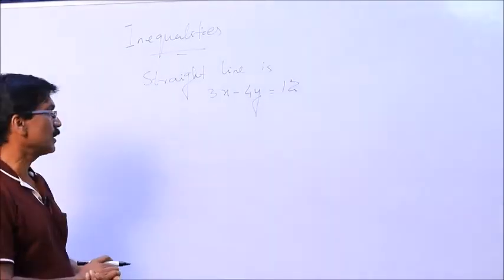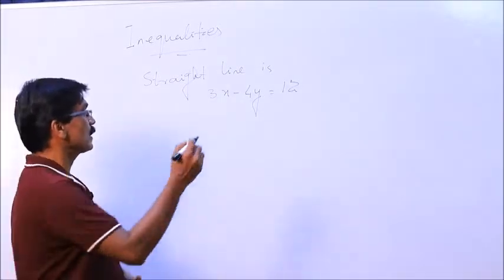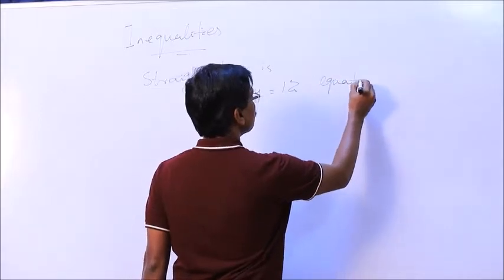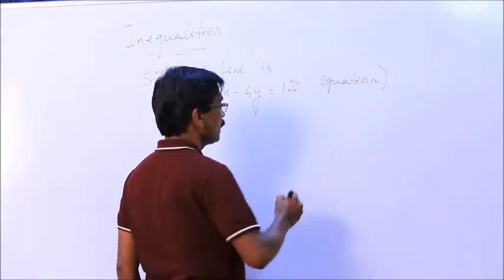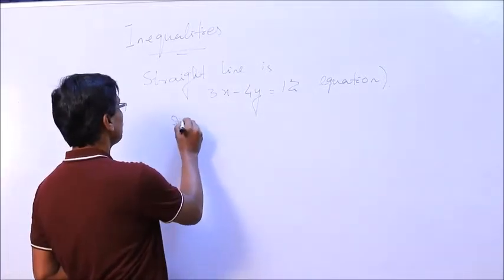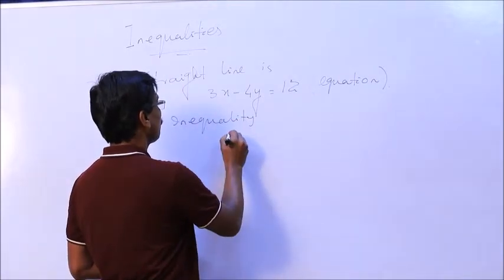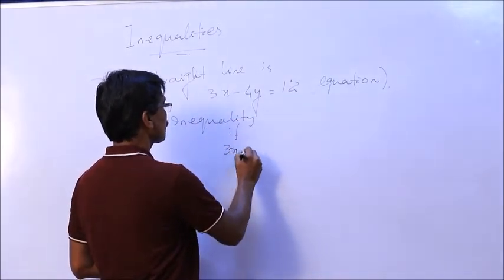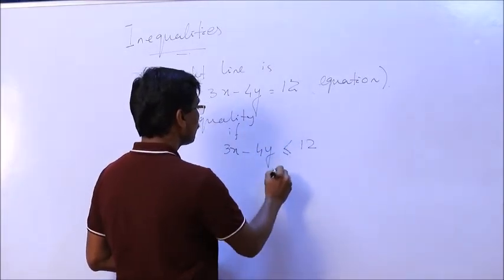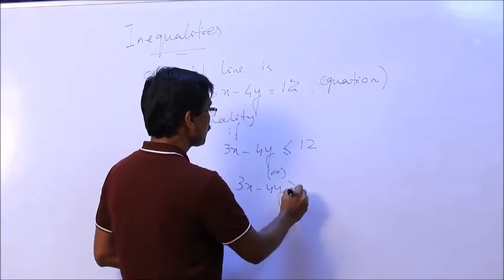So, this is an equation of a straight line, and it is an inequality if 3x minus 4y is less than or equal to 12, or 3x minus 4y is greater than or equal to 12.